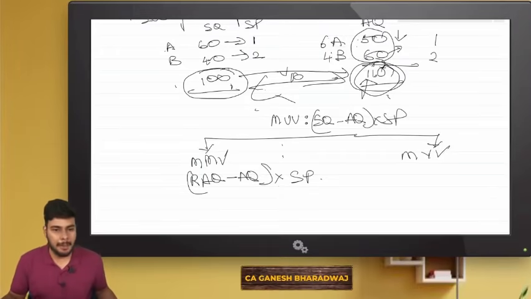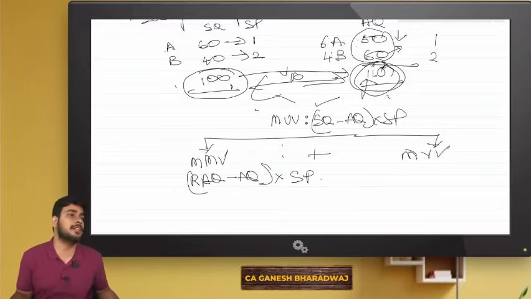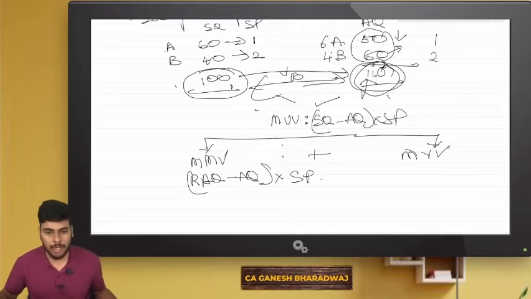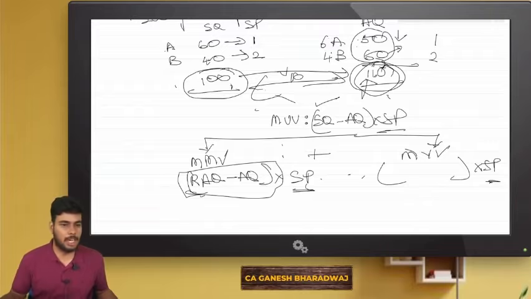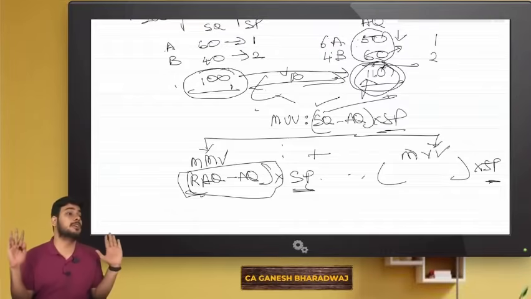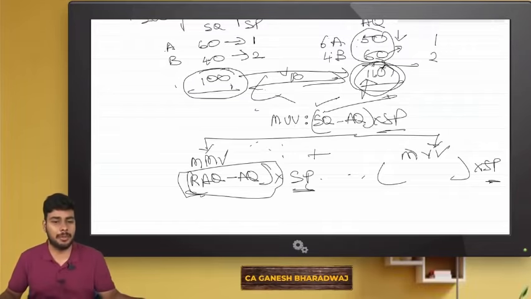Material mix variance plus yield variance, I should get the usage variance. Correct or not? Within this bracket, something should come into standard price, which remains constant everywhere. Now, I should add something to this to arrive at this. Can I say this is a balancing figure? What I should get on the top is SQ minus AQ.